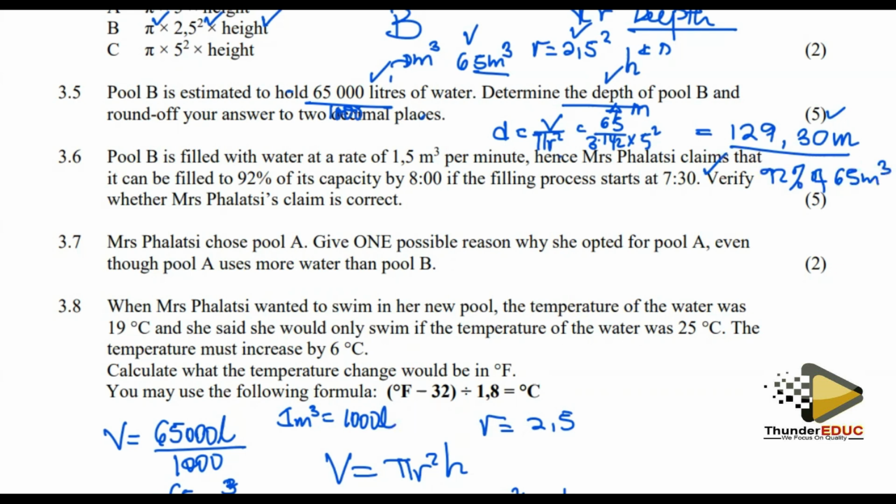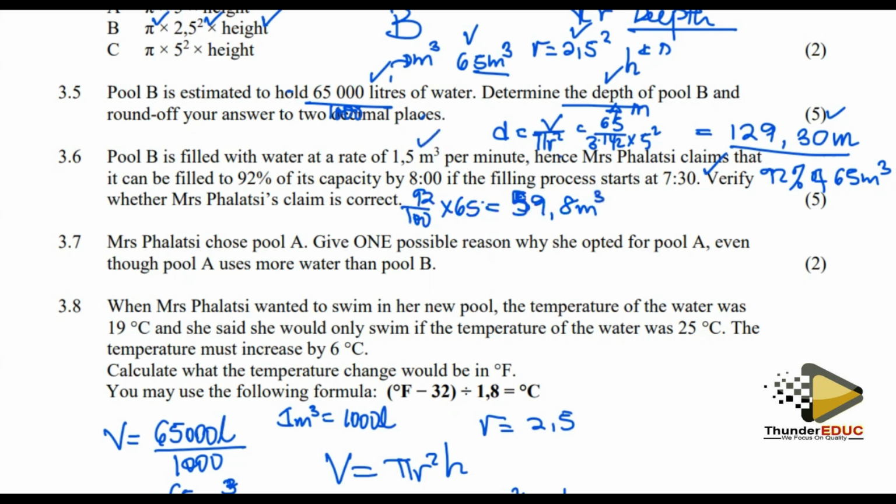So we need to know at what level it is. So you will take 92% times 65. So it's already at 59,8 meters cubed.